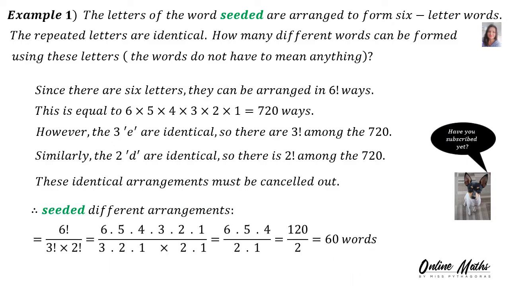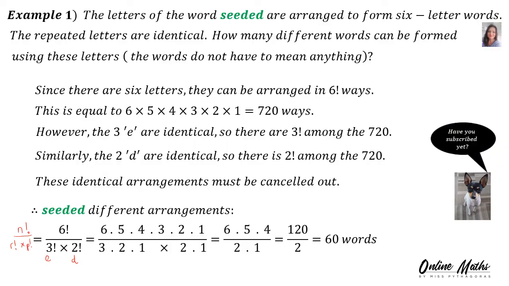Now remember, our little formula on the previous slide was n factorial divided by r factorial times p factorial, where r and p are the letters that repeat. So therefore, 6 factorial is the 6-letter word, and then 3 factorial is the E's, and 2 factorial is the D's.